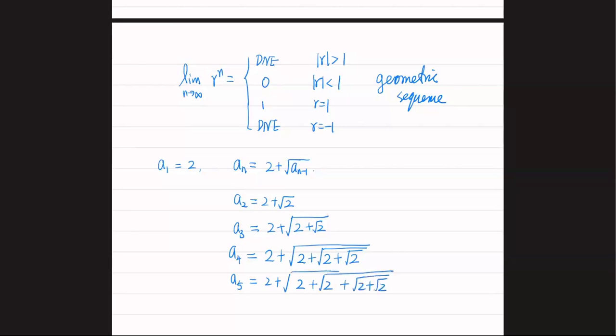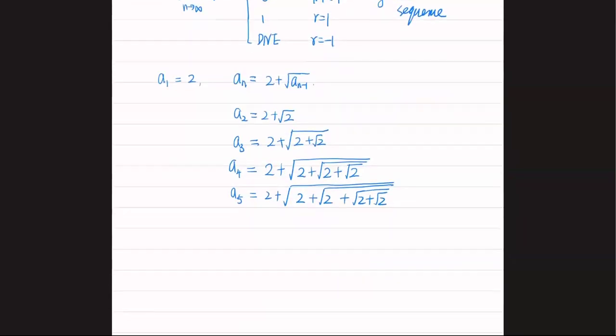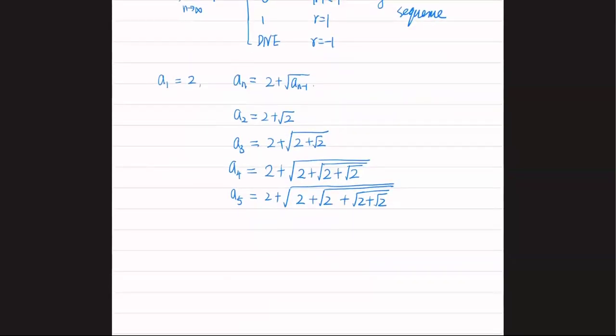All right, now we have 5 of them. Now let's guess in this sequence, what's the pattern? Bigger, smaller, or constant? Bigger. So each time, this goes bigger.